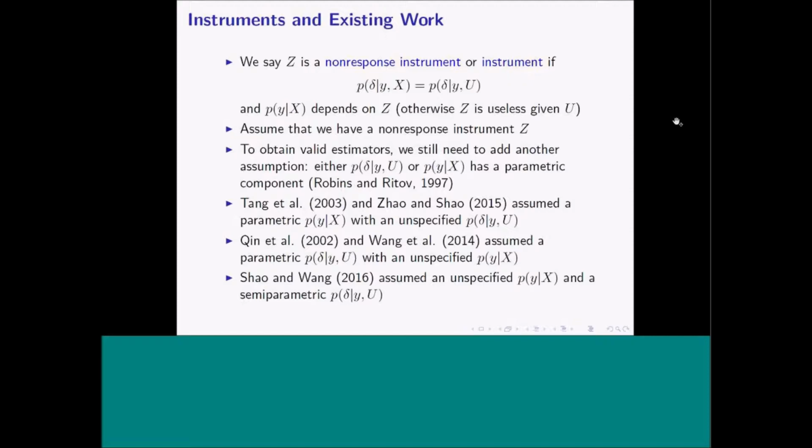So from the covariates, you know this covariate is an instrument. That means that it is not related to the propensity, but it's related to the Y value. When I say not related, it's always conditional, conditional on other covariates.